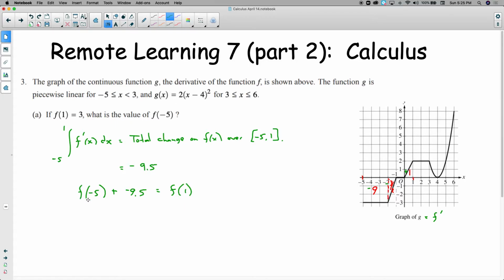So the value of the function at -5 plus the amount that it's changed between -5 and 1 then gives the value of f at 1. And we don't know this one, but we do know this other one. Let's see. I'm going to sort of show this algebraically by adding the 9.5 over here and then turning f of 1 into its value of 3.